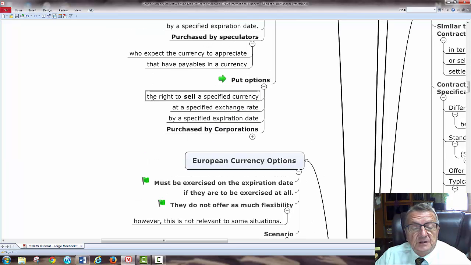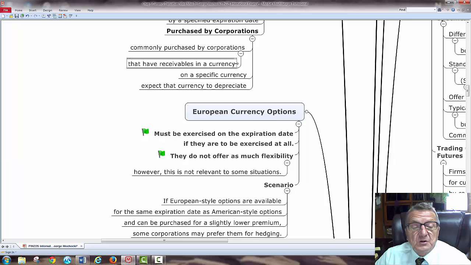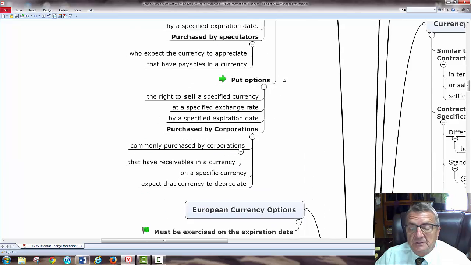A put option gives the right to sell a specific currency at a specific exchange rate by a specific expiration date. It is commonly purchased by corporations that have receivables in a specific currency and expect that currency to depreciate.